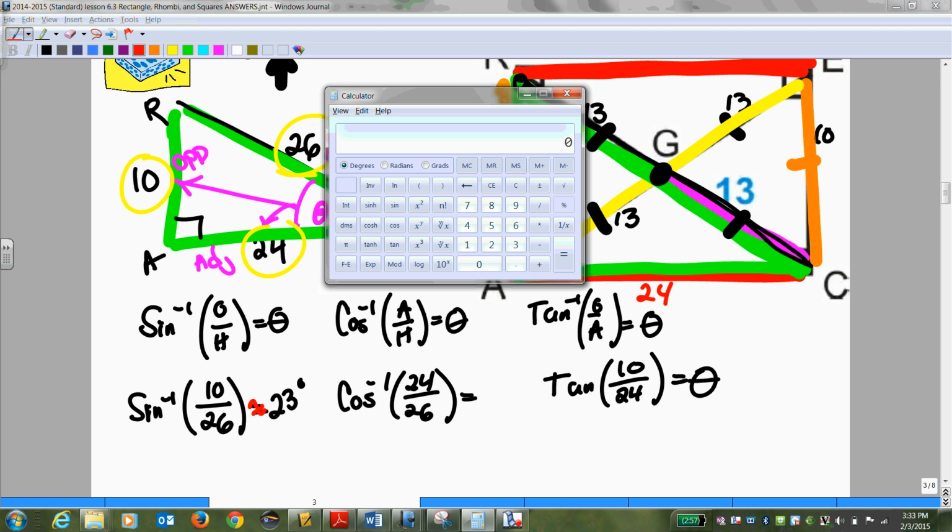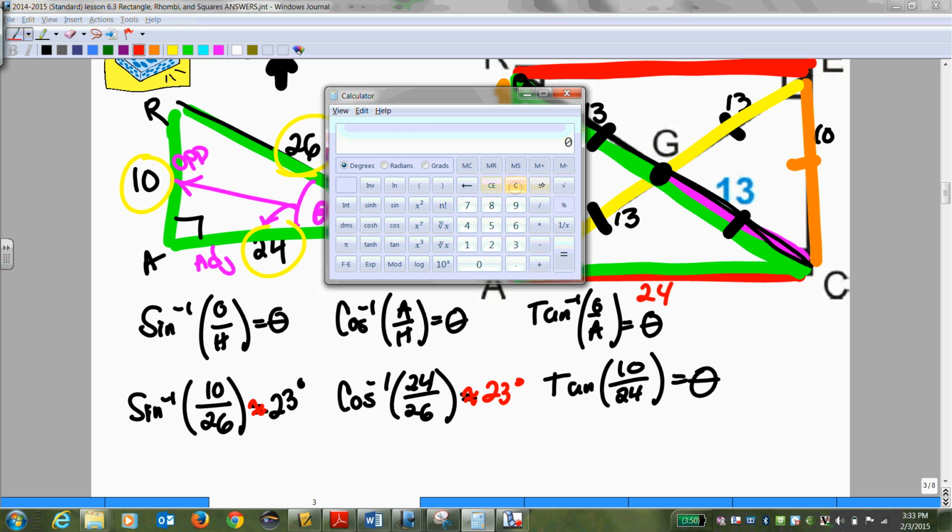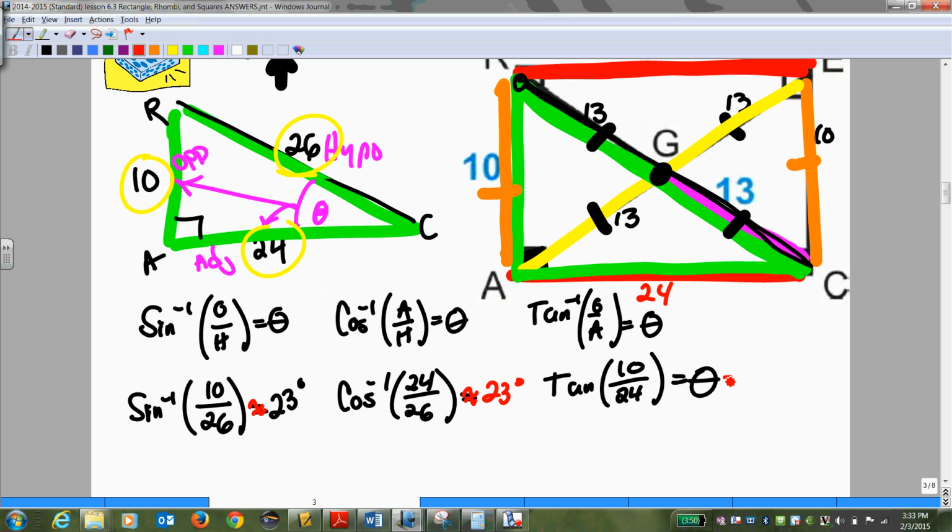Don't tell them what to do. Let them choose their own method. 24 divided by 26, inverse cosine. Notice I'm getting the same thing, 23 degrees. Inverse tangent, 10 divided by 24. Inverse tangent, once again, 23 degrees.